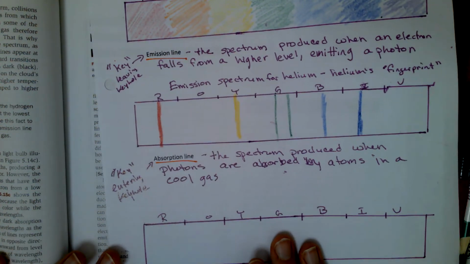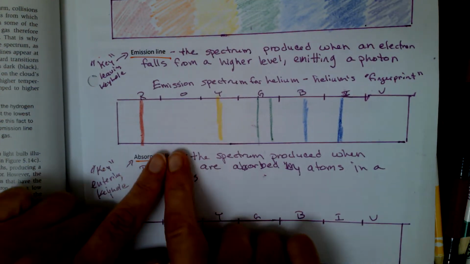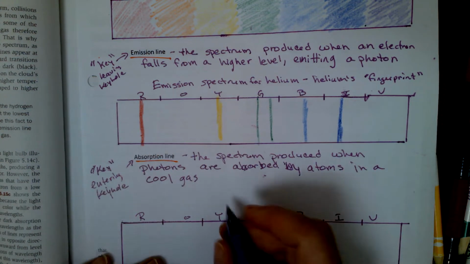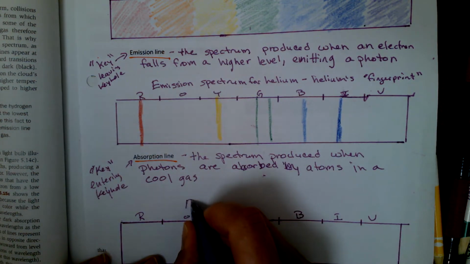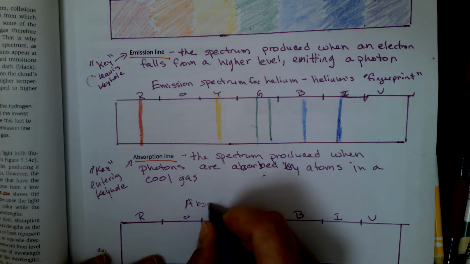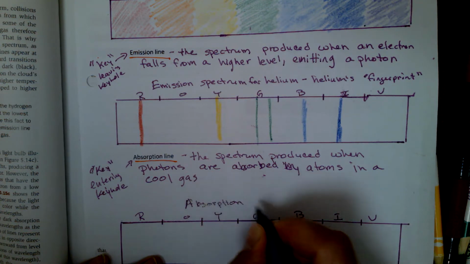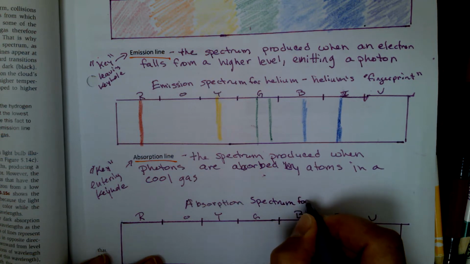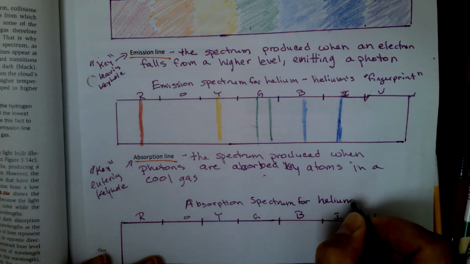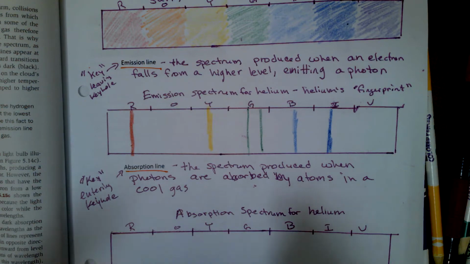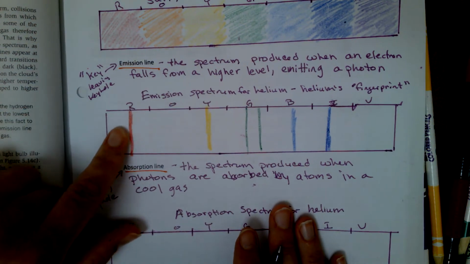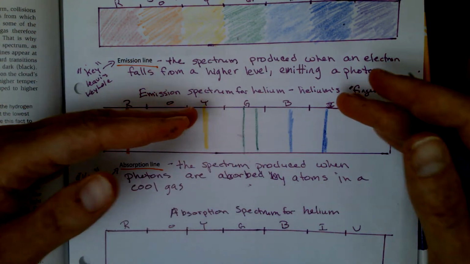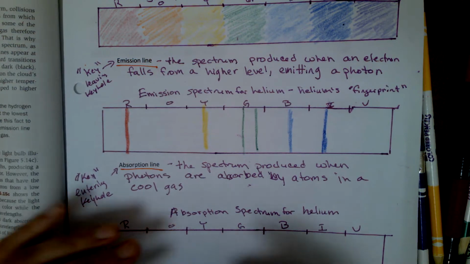Now, what is that pattern going to look like? That pattern is going to be this same pattern up here. We're going to do helium absorption. But it's going to be the opposite. So these colors are usually not against white, they're against black and darkness.